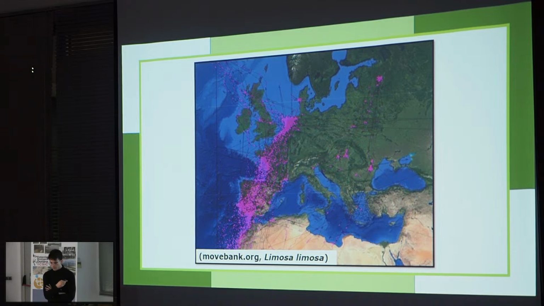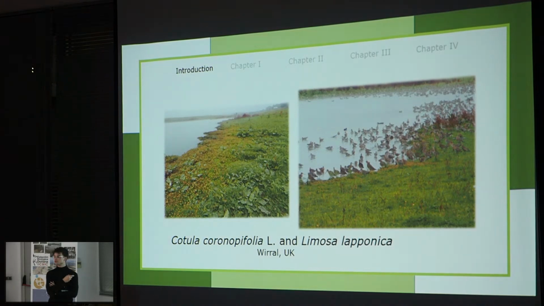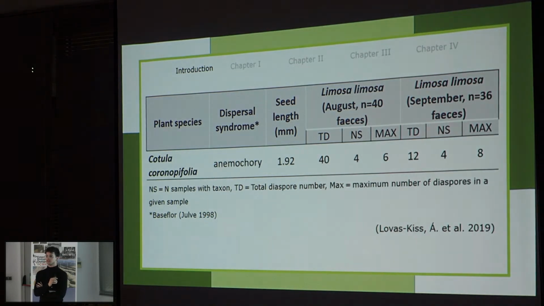So here's another example, where we can see one of those inland wetlands in the UK, Wirral, that is crowded with godwits, and also full of Cotula. In this paper, they extracted seeds of Cotula from the feces of those godwits, and from all the seeds that they found in the feces, more than half finally germinated.